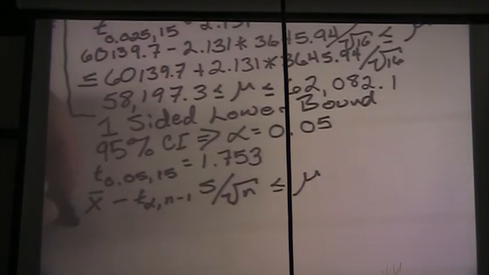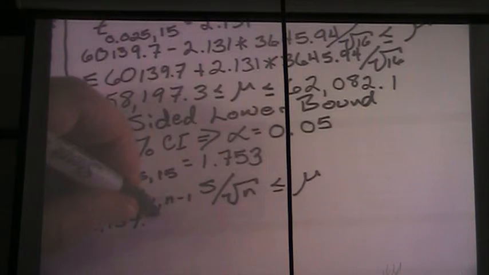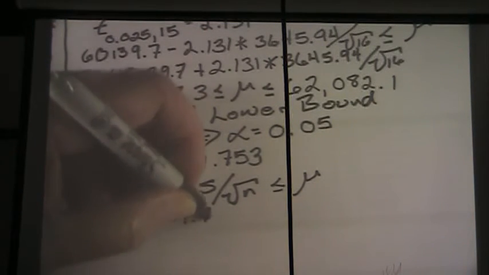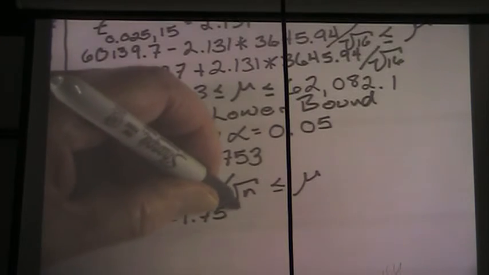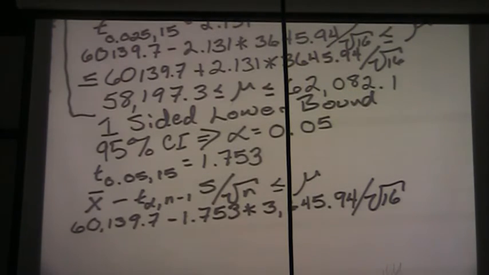All right, we substitute in 60,139.7 kilometers minus 1.753 times 3,645.94 divided by square root of 16.